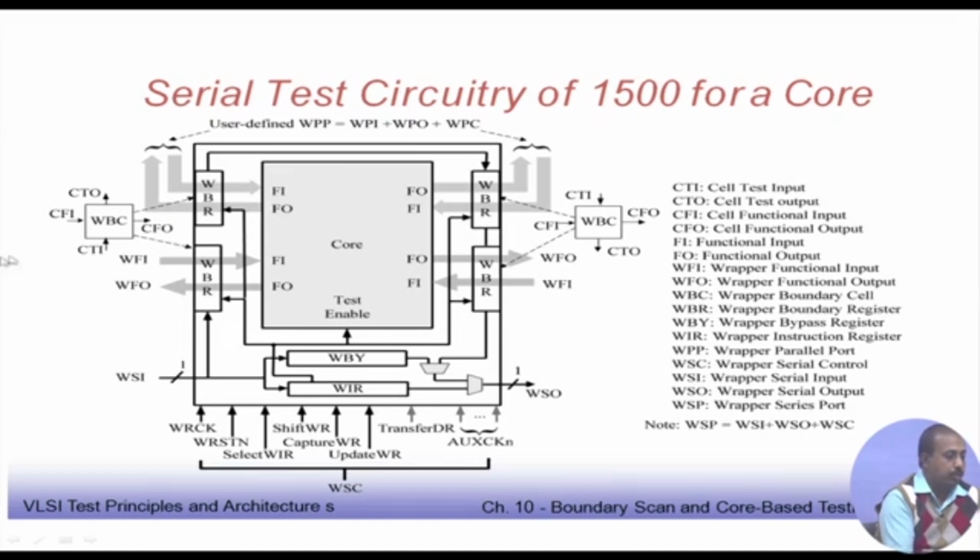Now, each WBC has a CTI, which is the cell test input, then CTO, the cell test output, CFI, the cell functional input, and CFO, the cell functional output. When this circuit is put into the normal mode of operation, the CFI line will go through to CFO, and that will ultimately be applied to the functional input pins of the core.